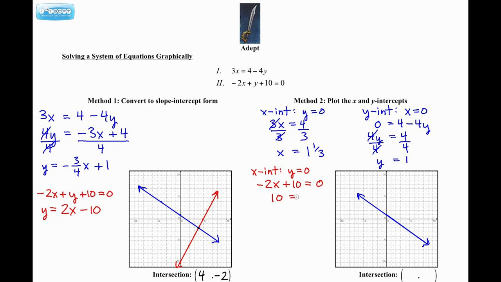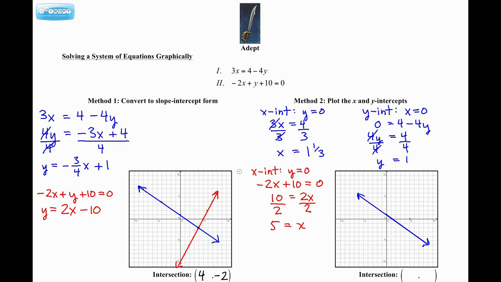That way the x term is positive. And then I'm going to divide both sides by 2, which gives me 5 is equal to x, or x is equal to 5. So my x-intercept is right here.